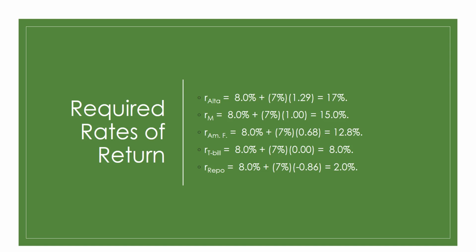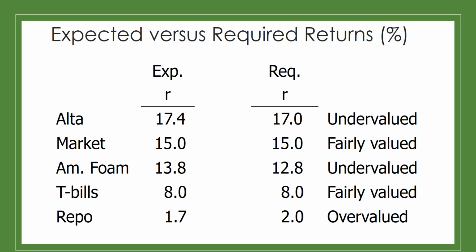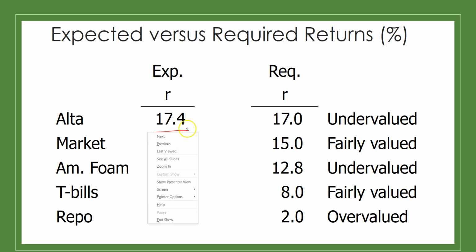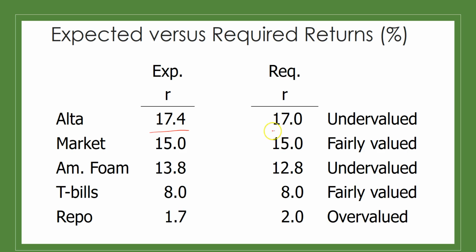So the market return has a required return of 15%, American Foam has a required return of 12.8%, the Treasury bill 8%, and Repo has a required return of 2%. If we compare that to the expected return that we calculated in previous discussions, we had found that Alta had an expected return of 17.4% and only a required return of 17%. So it's earning more than what is required.